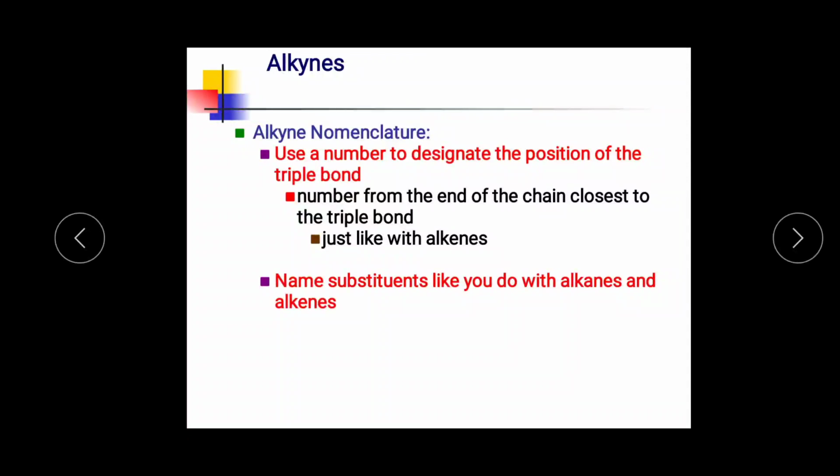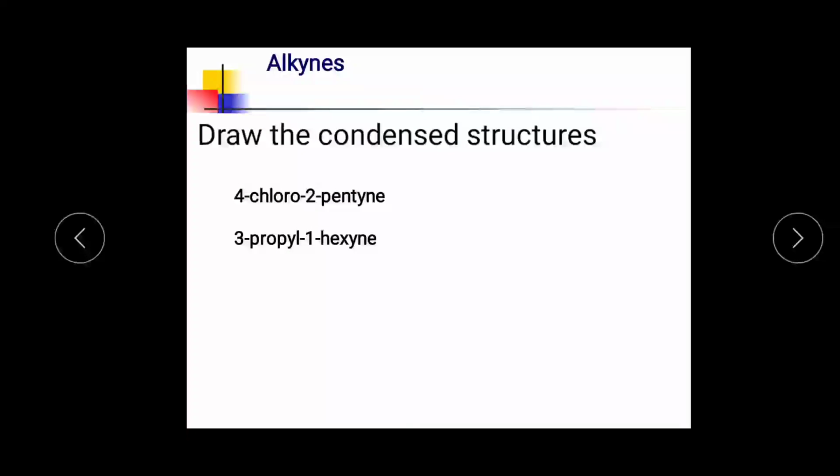Number from the end of the chain closest to the triple bond, just like with alkanes. Name substituents like you do with alkanes and alkenes. Now I want you to draw the following alkynes. 4-chloro-2-pentyne, 3-propyl-1-hexyne.